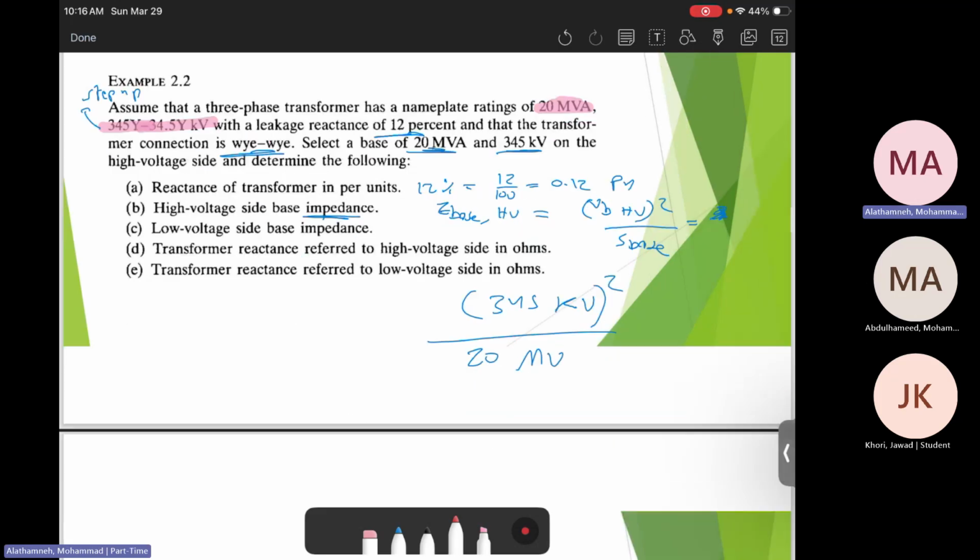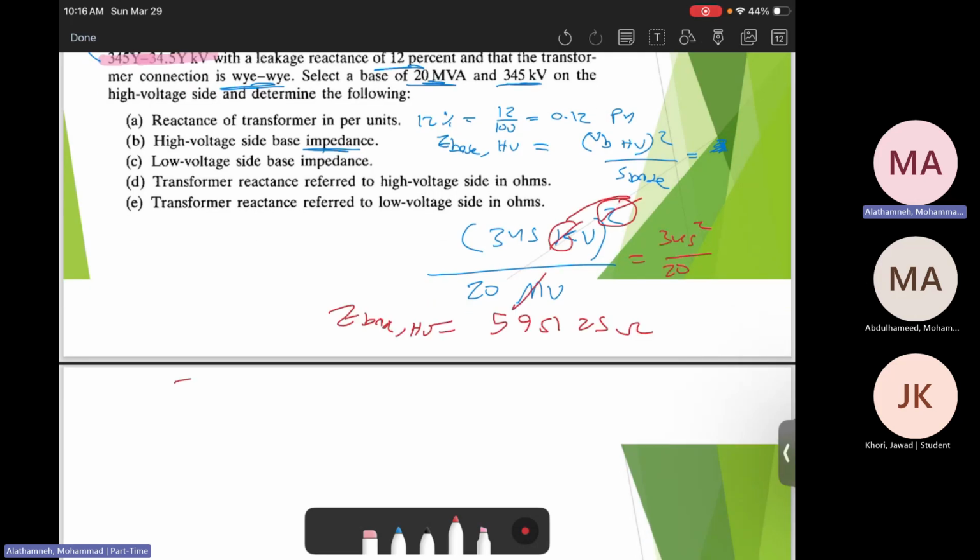Now let's go to the low voltage side as well. So Z base for the low voltage side, this is the second part, part C. This is part B, here's part C. Then it will be V base for the low voltage side squared divided by S base. We already know this from the power system class, but here it is just a review.